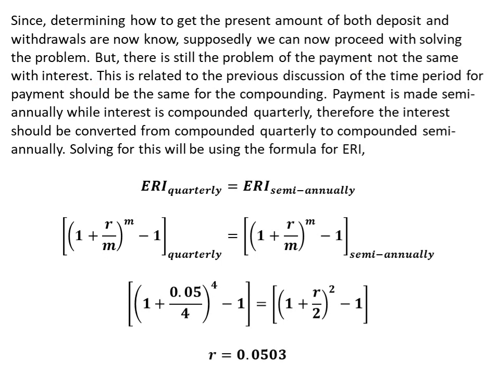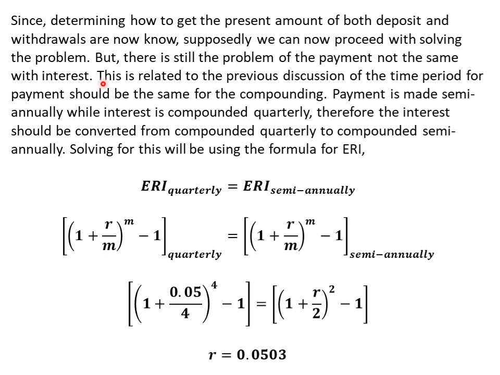Okay? So, kung imong i-recall, ang atong problem, it has an interest of compounded quarterly. So, to be specific, 5% compounded quarterly ang kaning example. Pero ang atong payments, they are all semi-annual or every half a year or every 6 months.